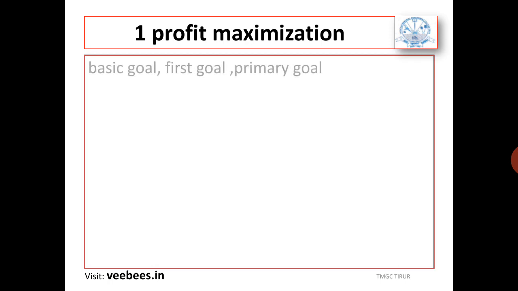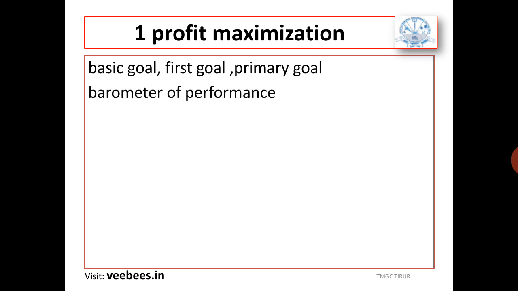It is termed as basic goal, first goal, primary goal, etc. These are to be noted carefully for the students appearing for the multiple choice competitive examinations. So the profit maximization approach is the basic goal, first goal, primary goal, etc.